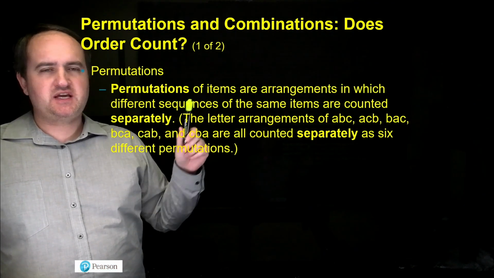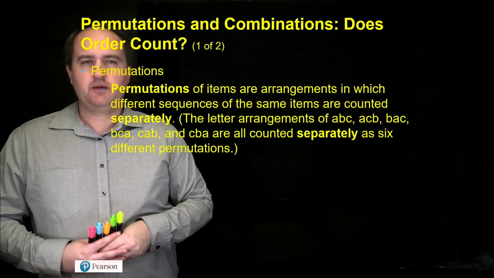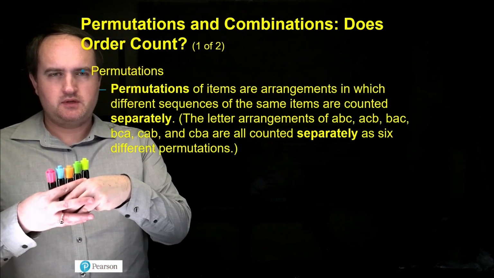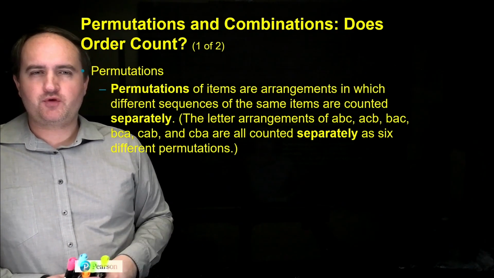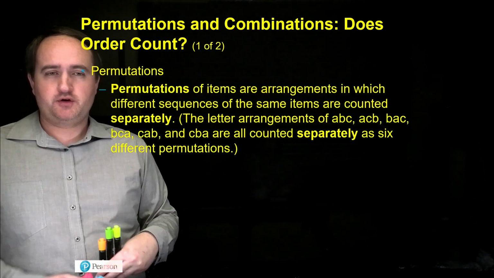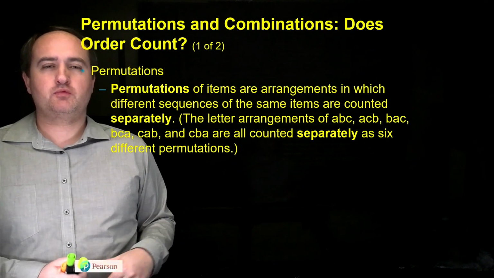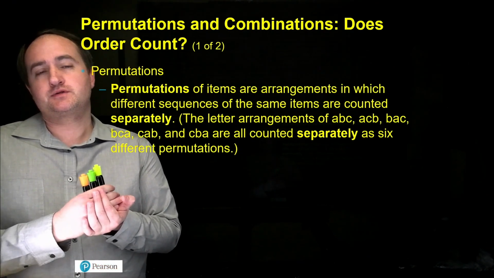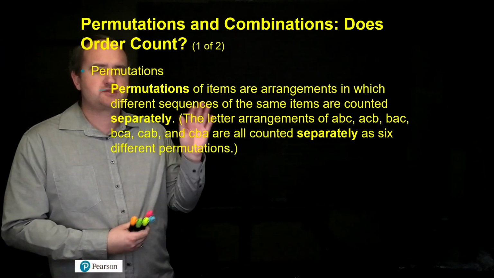It's just with permutations, instead of maybe counting how many ways you can put 5 markers in order, you might only choose 3 of them and count the number of ways you could arrange 3 of those 5 markers, but order still has to matter. Okay, so that's the rough idea.